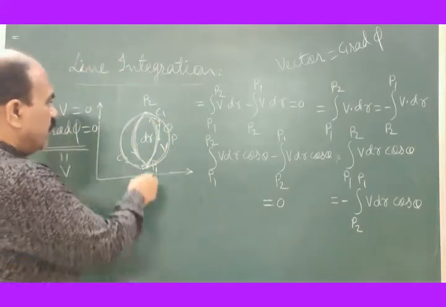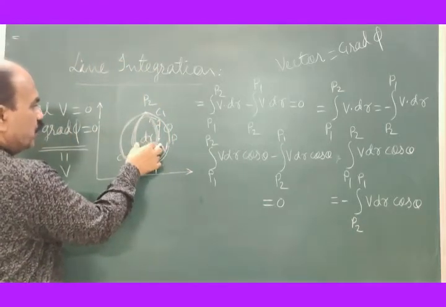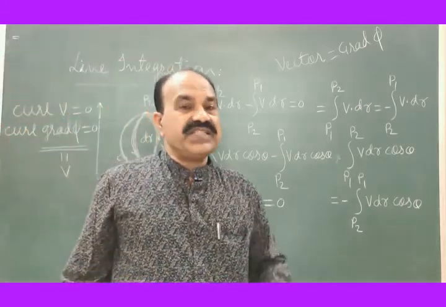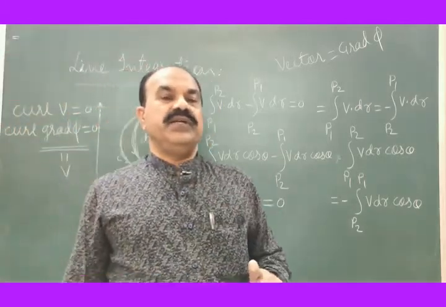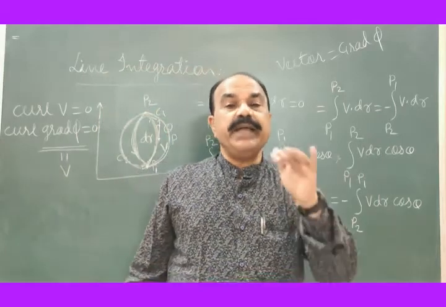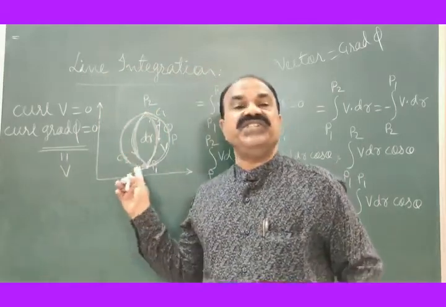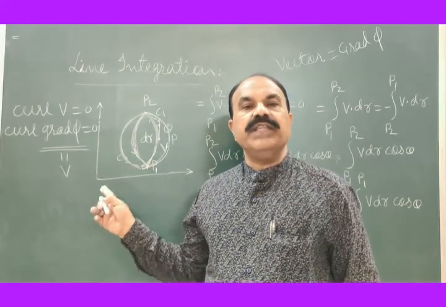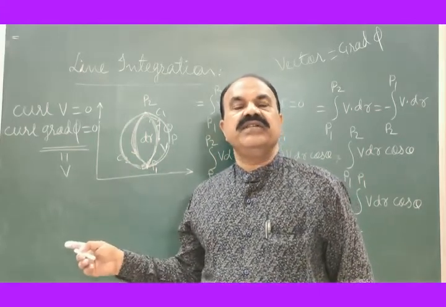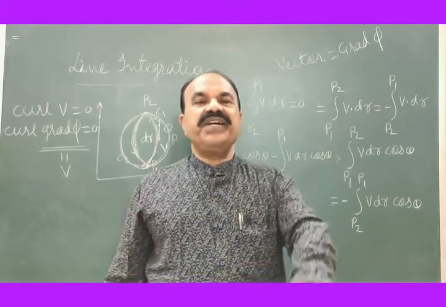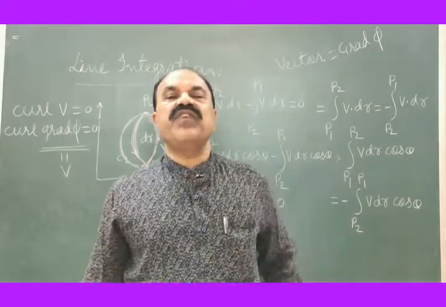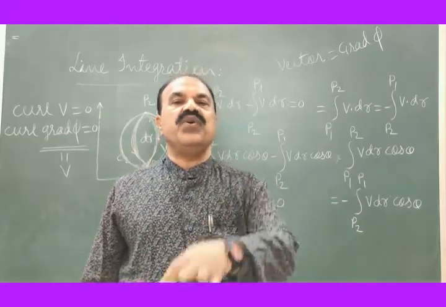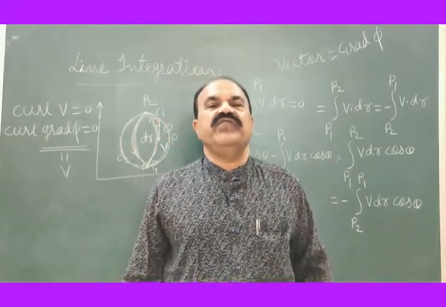Here I have 1, 2, 3. You can have more. You can select any closed path. You will find that independent of the path considered, the line integration of a vector point function about a closed path is 0 in conservative vector fields.